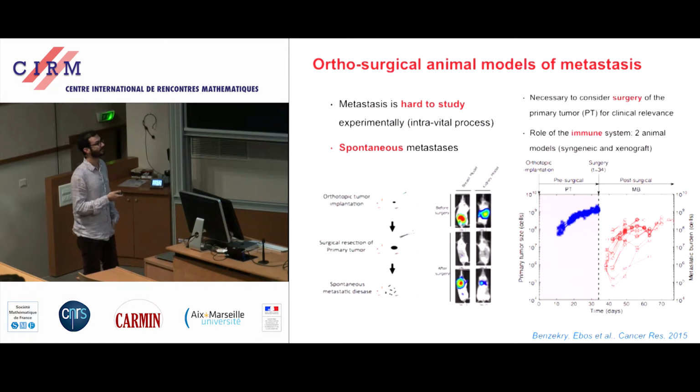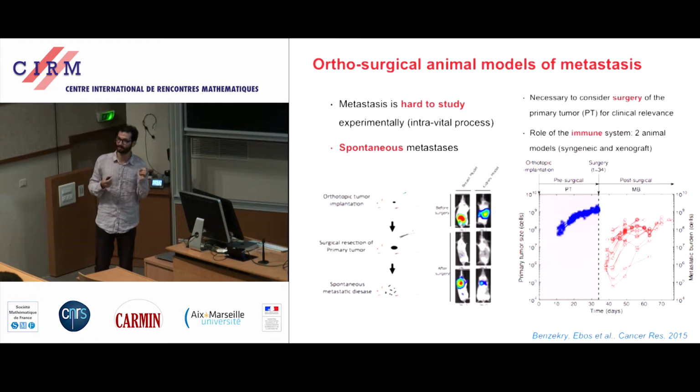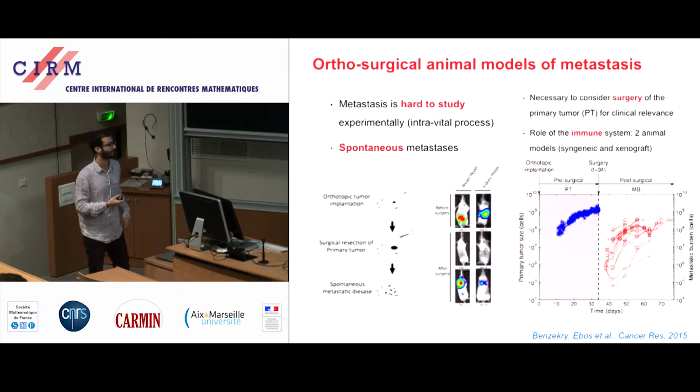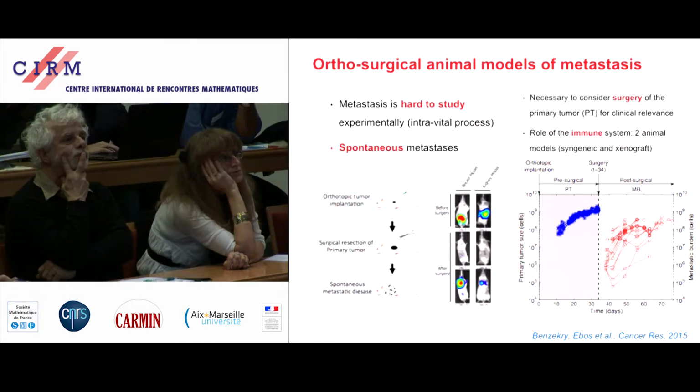So at the end of the day, what we get is some kind of data like this. What is important and quite precious in this data is that for each mouse, we can follow both the growth of the primary tumor and the growth of the total metastatic burden in each mouse separately.